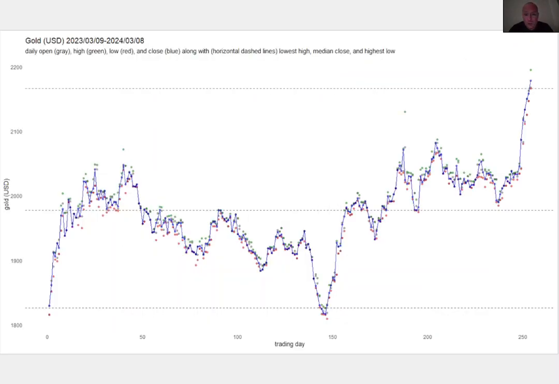Now, let's have a look at each of these three metals in terms of the daily open, high, low and closing price in this 1 year time window, starting with gold. So for gold, we saw a clear support just above $1,800 per ounce about half a year ago.